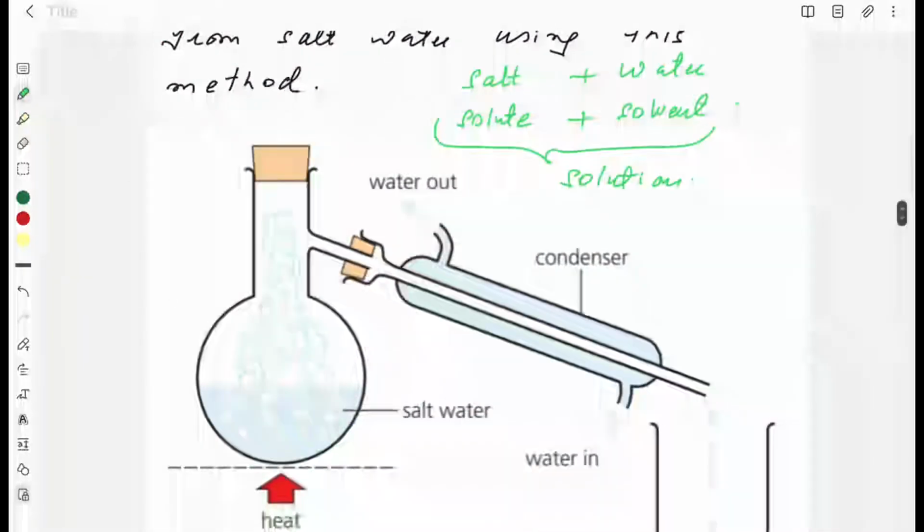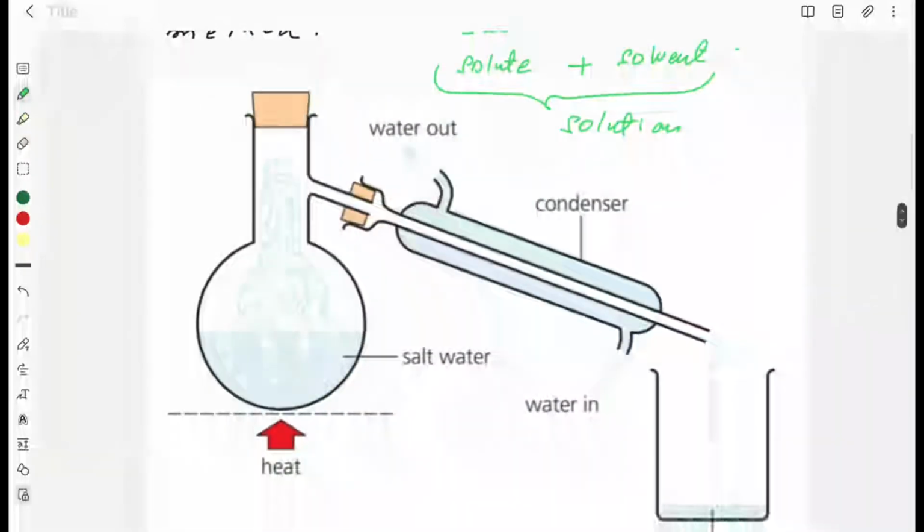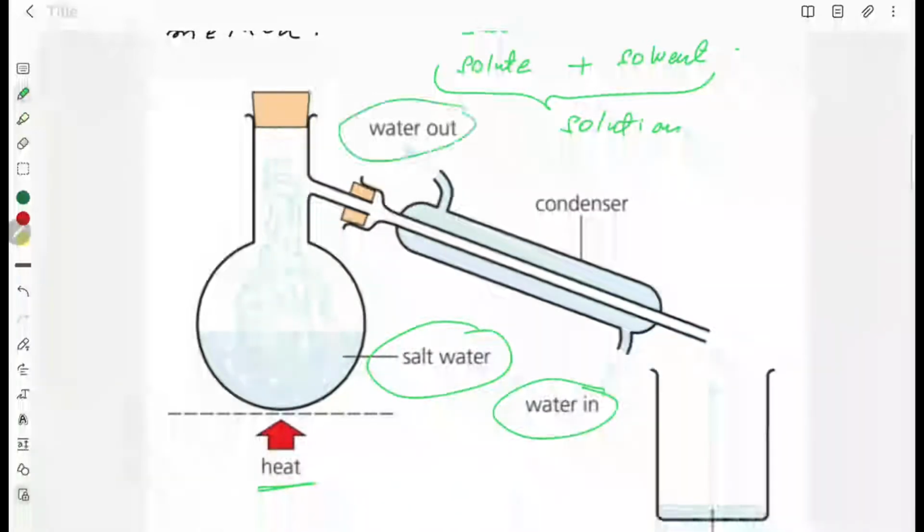So if you look at the diagram, here is the salt water, we are heating it, and this is a condenser, you can call it a Liebig condenser. And remember the water in and water out position, it's important from an examination point of view.